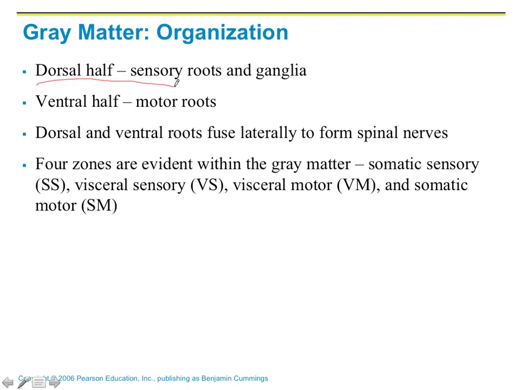The ventral horn contains the motor neuron, and it sends the motor root. The dorsal root and the ventral root will unite together to form the spinal nerve. So we have four categories of neurons: the somatic sensory, visceral sensory, somatic motor, and visceral motor.